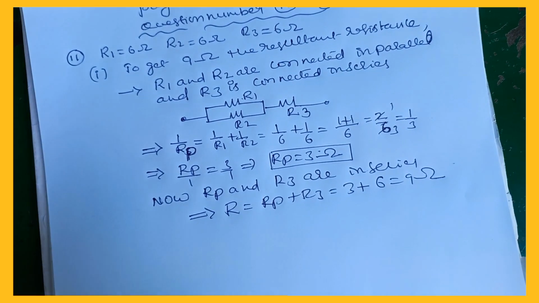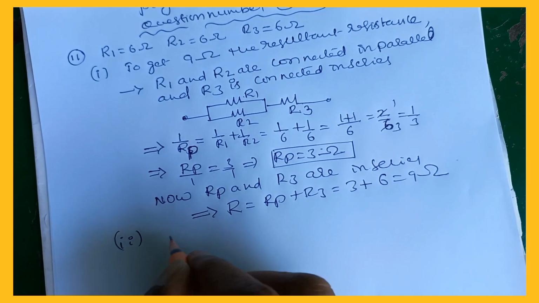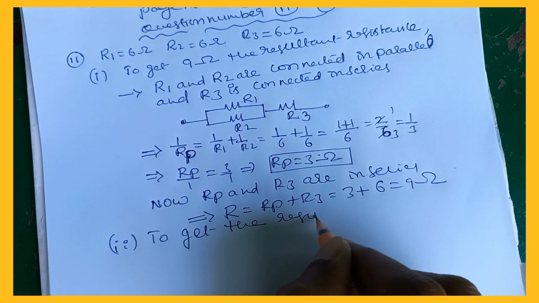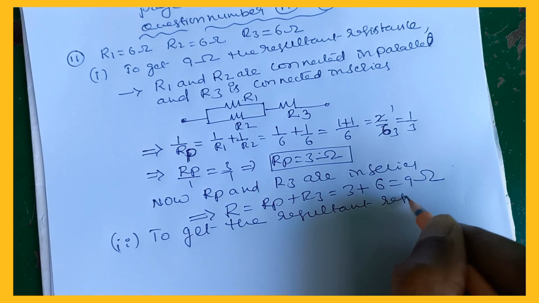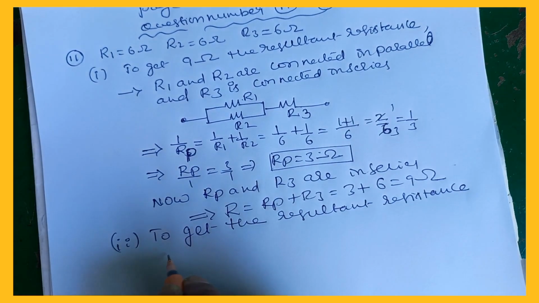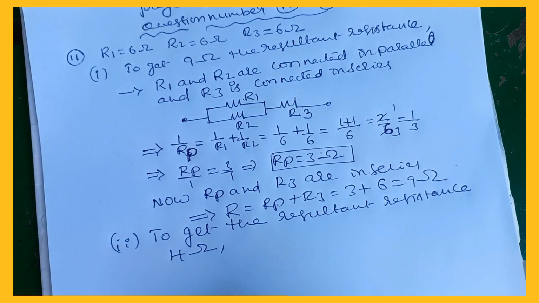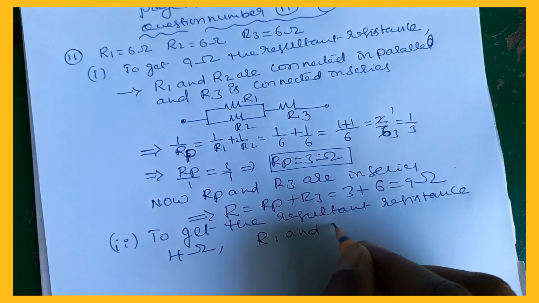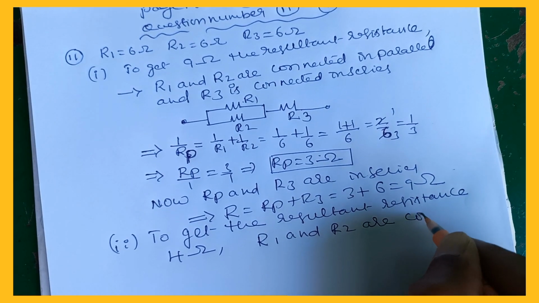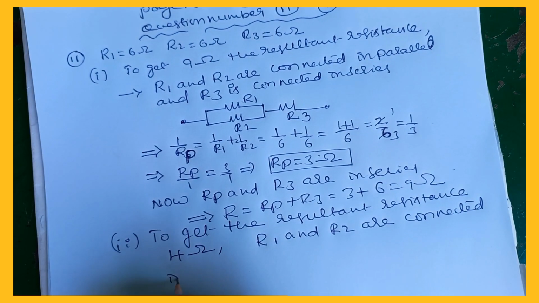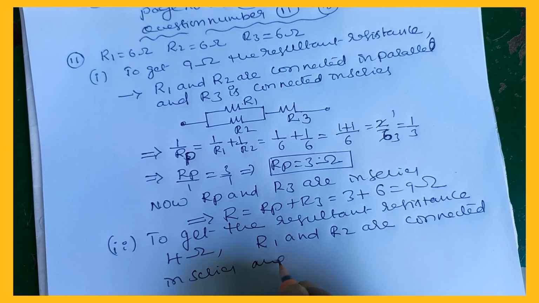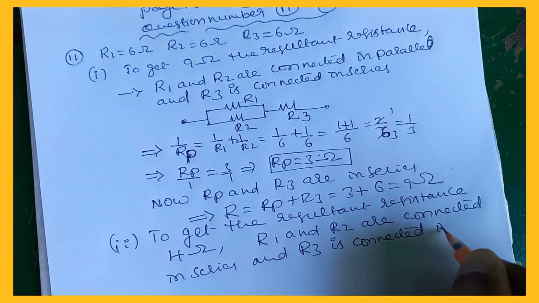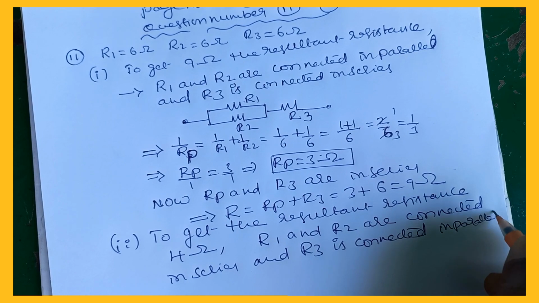Next, in the second case, to get the resultant resistance of 4 ohms, R1 and R2 are connected in series and R3 is connected in parallel.